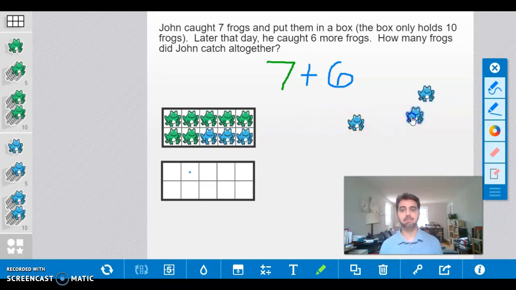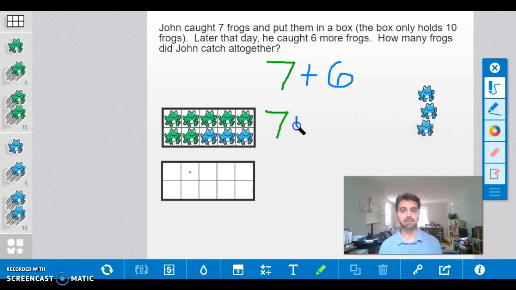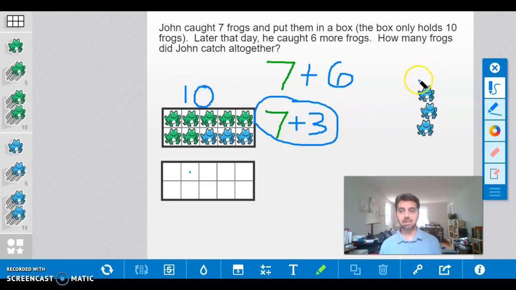These ones still need a place to go, right? So far in this box we have 7 green ones, and we were able to put 3 more blue ones because that gives us a total of 10 froggies. But how many frogs are still left over?